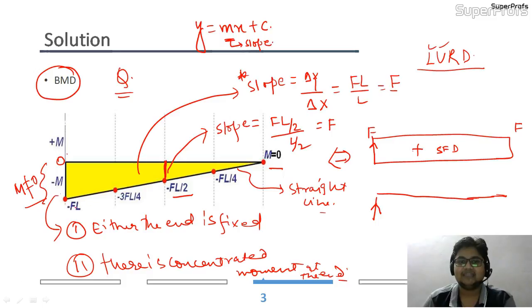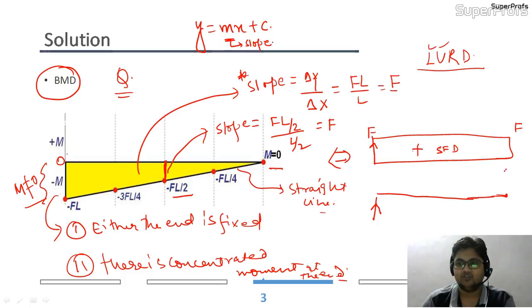Now, as the bending moment at the free end is 0 and at the fixed end is FL, that is maximum, I can conclude that there must be a force acting. The bending moment at the point at which the force is acting is always 0, because the line of action of the force passes through that point itself, so the bending moment, which is force into perpendicular distance, is 0.